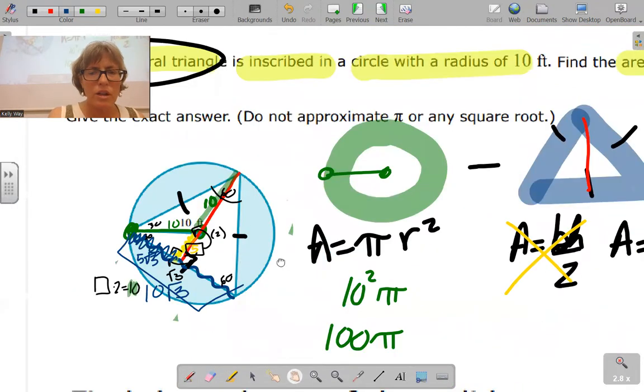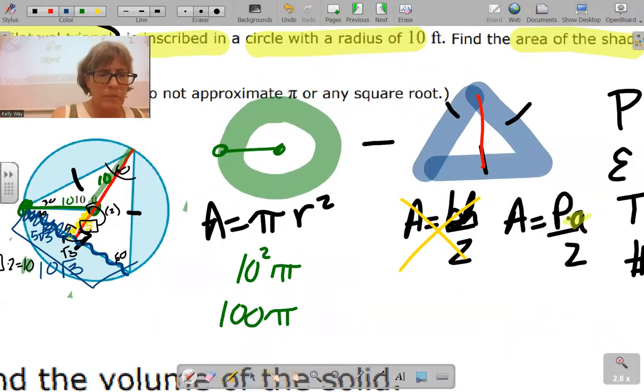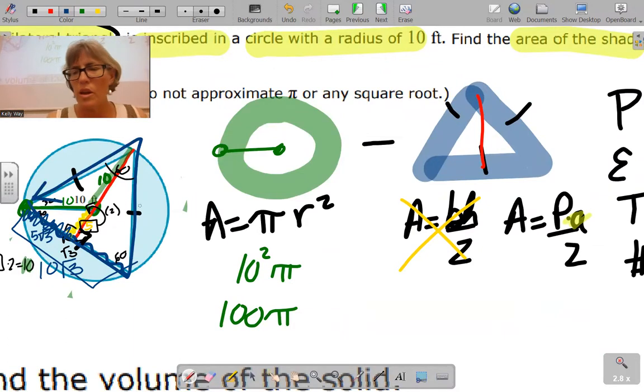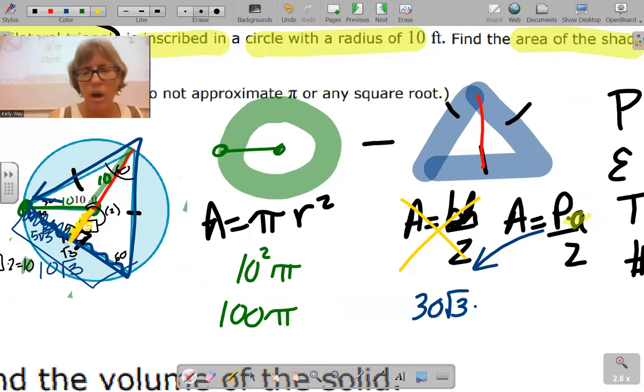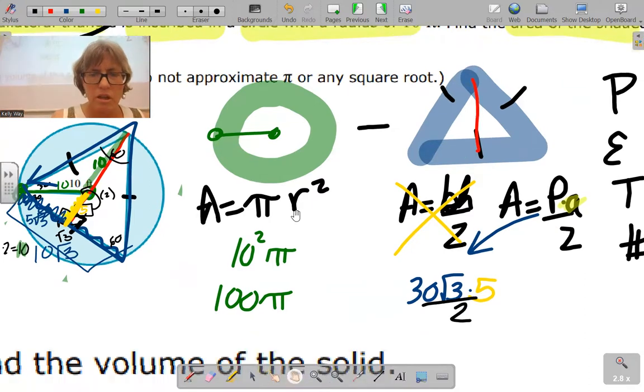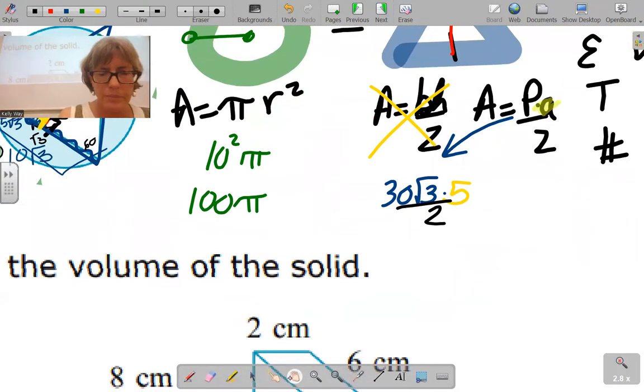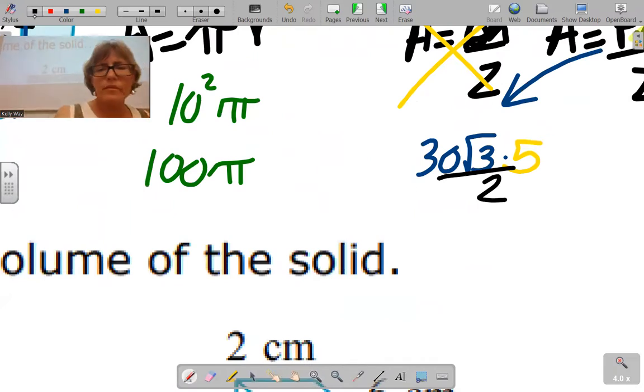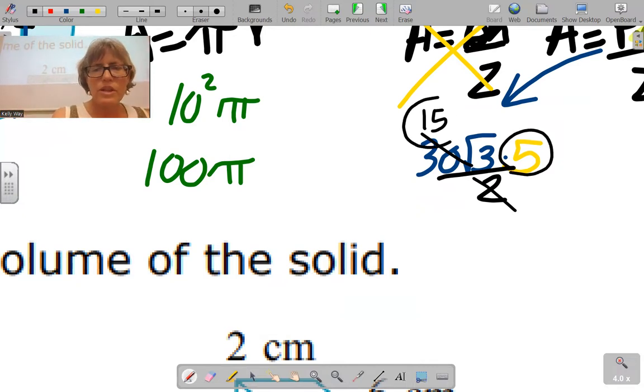Now we have everything we need. Our perimeter, we walk it around, 10 root 3, 10 root 3, 10 root 3. Bring it right here. That's going to be 30 root 3 times the yellow apothem, which is 5 over 2. Just need to clean it up just a bit here. 2 goes in there 15 times. 15 times 5 is 75.